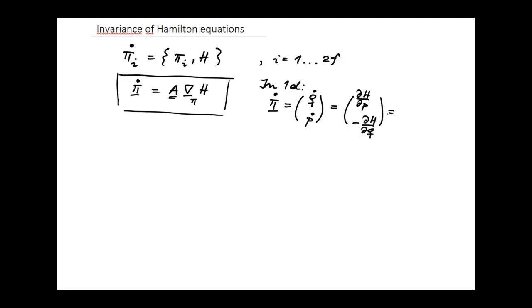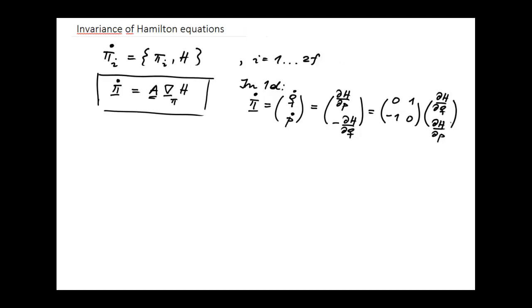We can write that also in the following form. It's the matrix 0, 1, minus 1, 0, acting on the vector with components partial of the Hamilton function with respect to q and partial with respect to p.